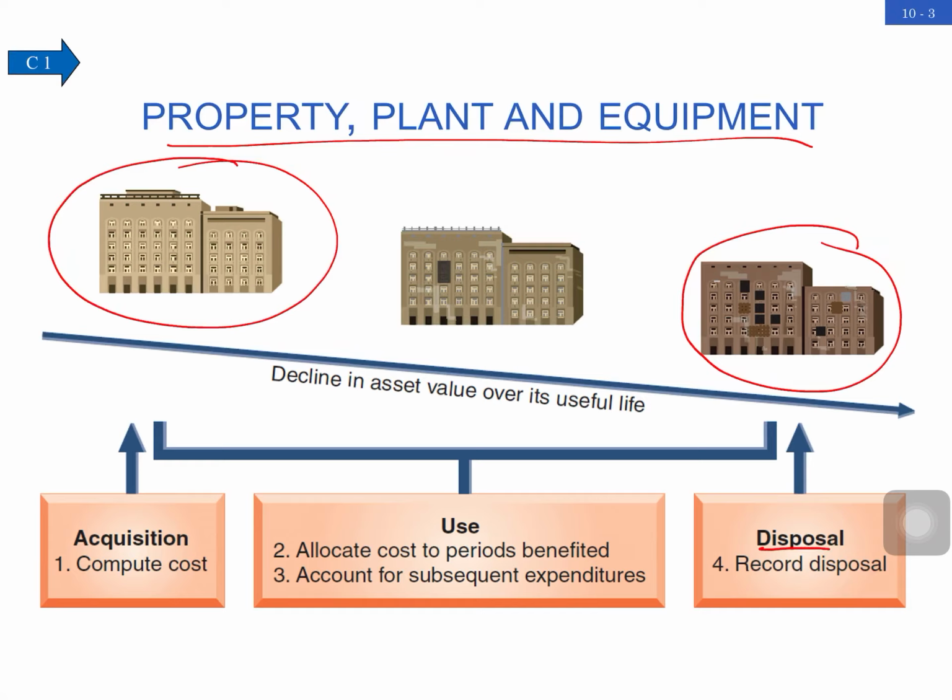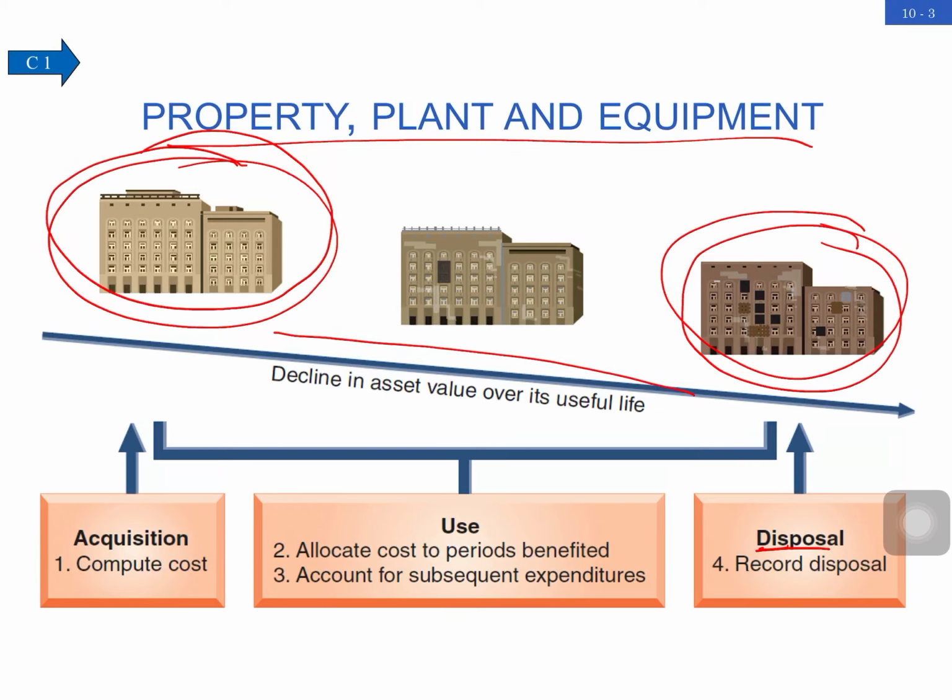You sell it or donate it, but anyway, you're going to dispose of it. From the date of acquisition until the disposal time, there is a decline in asset value. Declining means decreasing. So the value of the PPE will be lower the longer you use the asset.